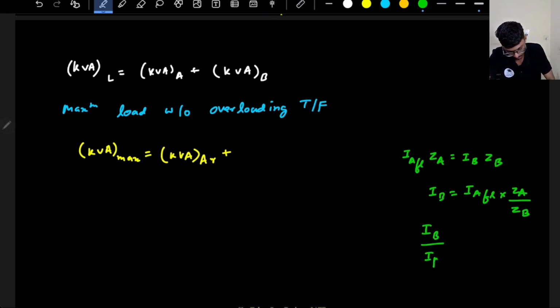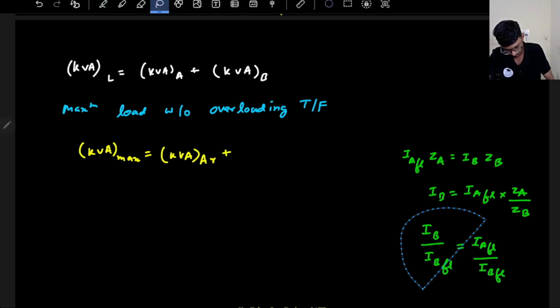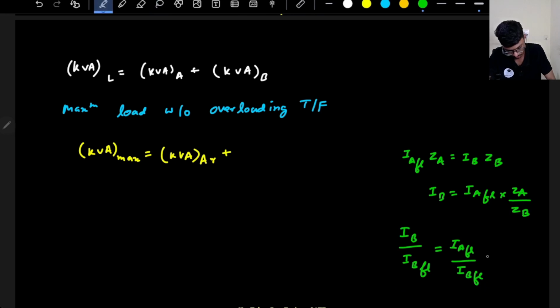IB upon IBFL equals IAFL divided by IBFL into ZA divided by ZB.